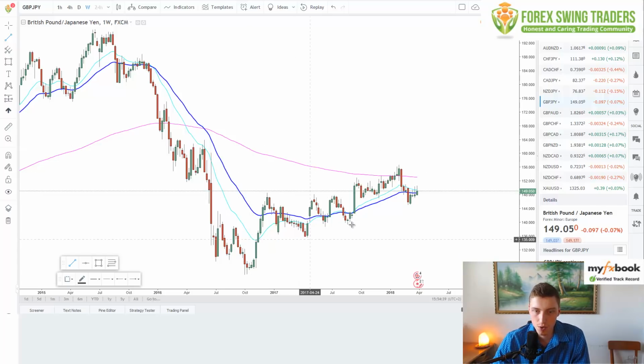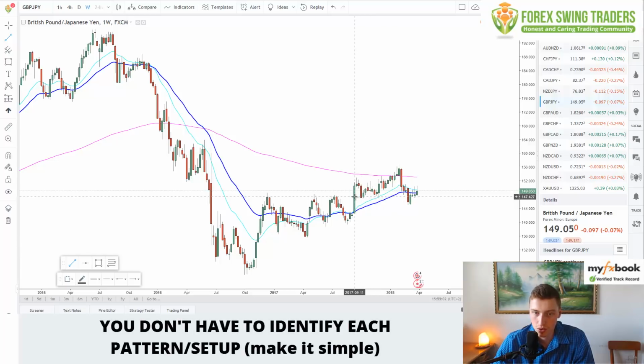And if you feel confused, or if the chart is not clear, you can't identify whether this is a trend or reversal or bounce or range, just stay away, okay? And keep in mind that you are not supposed to identify each pattern, each formation, like triangle, divergence, blah blah blah, all right? You don't have to.